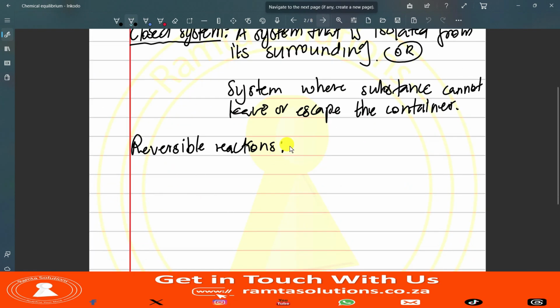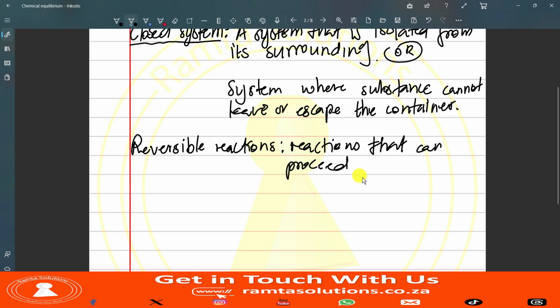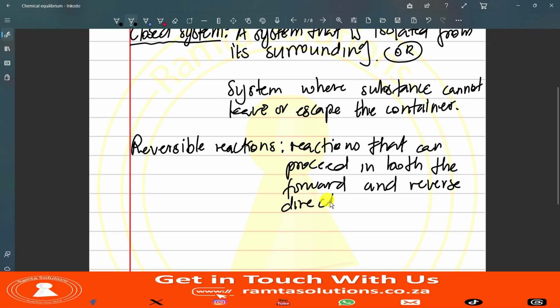So the DBE definition is this. These are reactions that can proceed in both the forward and reverse direction in the same conditions.